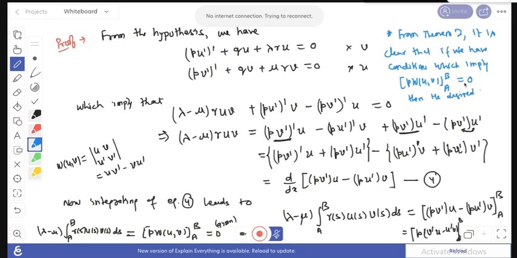If this equals 0, it means finally this equals 0. So these two are orthogonal, and this desired orthogonal property follows.